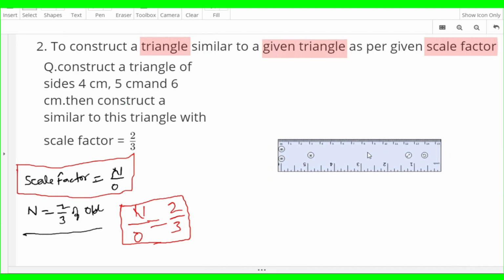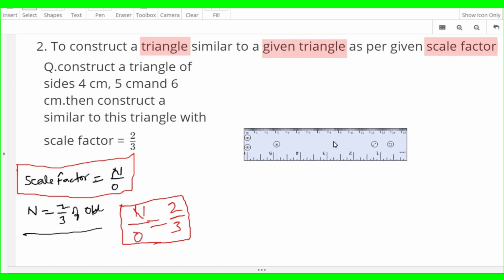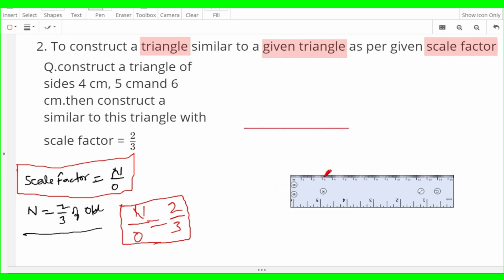Suppose I am taking 5 centimeters first. This is the length of 5 centimeters I have taken, and then one side is 4 centimeters and one side is 6 centimeters.